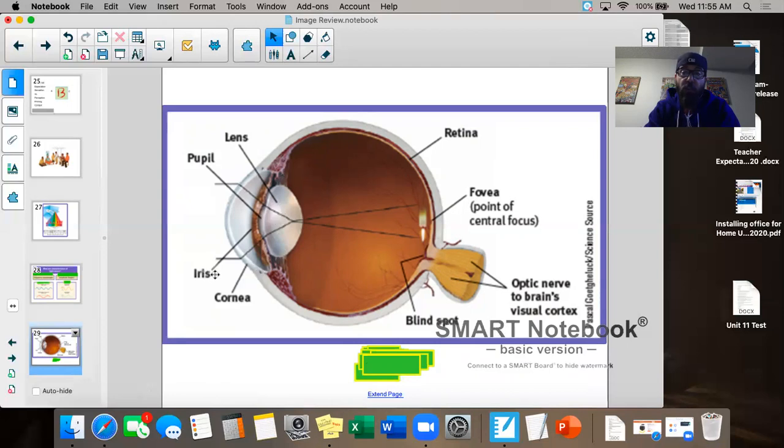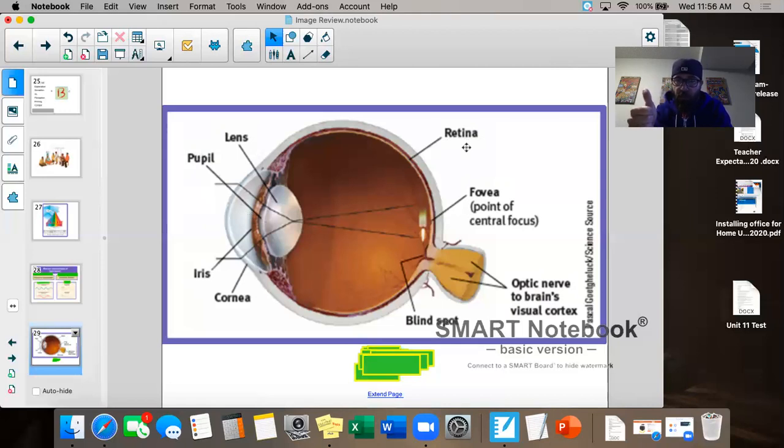Iris contracts or constricts or dilates, opens and closes, either to let in more light or keep out light if you've got an excess, if there's more than enough of it. And then it does that, and by opening or closing, the light goes through your pupil. The retina is the photoreceptive spot. It is the part that does transduction.